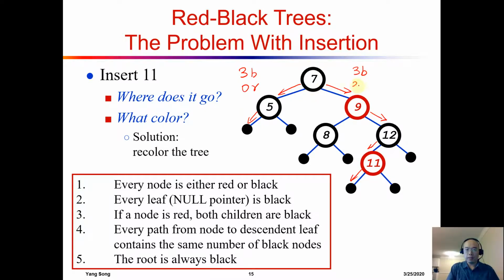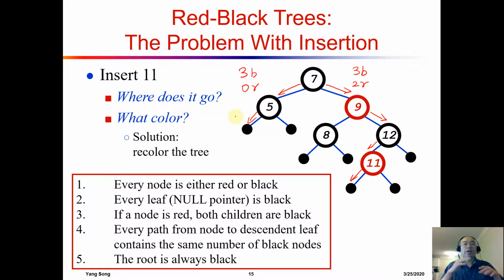So that is 2 red already. So this means if we want to grow this tree on the left side, we can potentially add a node between 5 and 7. We can potentially add another red node here, right?